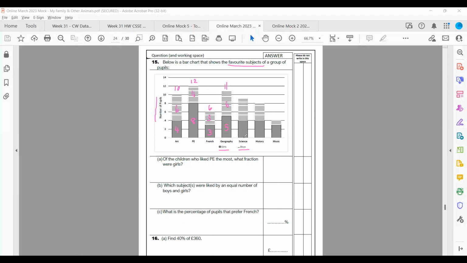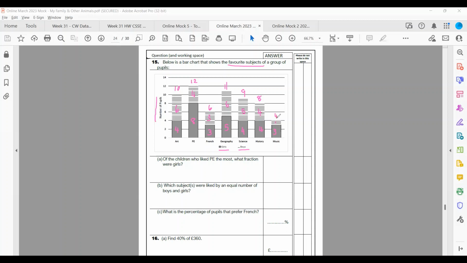Then here we're going up to 4 for science, and then up to 9 for the boys, so that would be 5 boys, giving us a total of 9 altogether. And in history, we have 4 girls going up to 8, so 4 boys and 8 in total in that bar. And then we have 3 and 1 and up to a total of 4 in that bar.